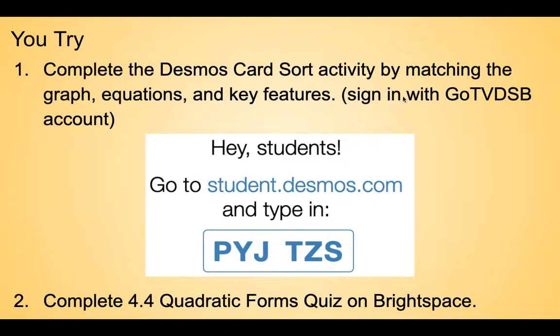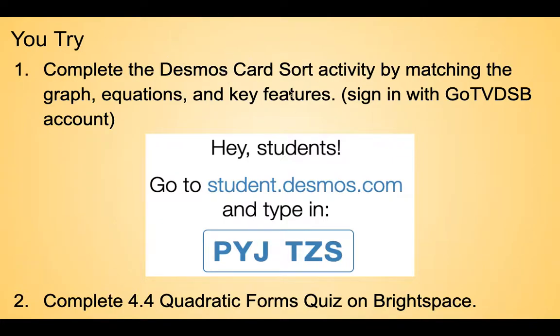If it asks you to sign in, you have to use your DSB account and password. What happens in that card sort is there's, I think, 24 different cards, and there's a graph, two equations and a list of key features that should go together in a group, and there are four groups.